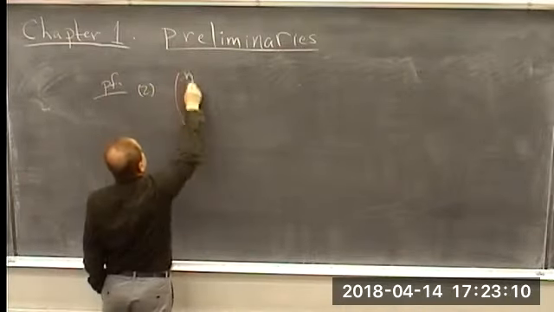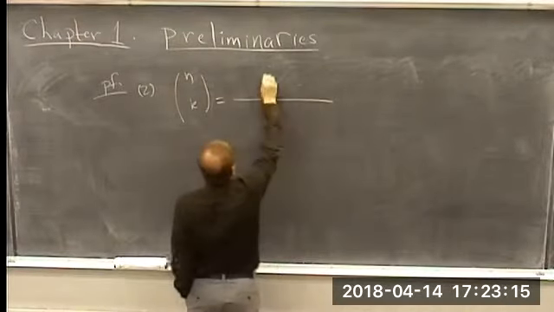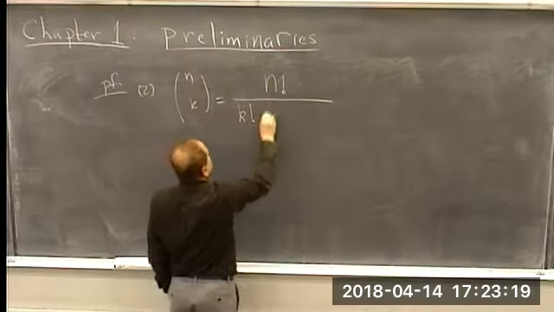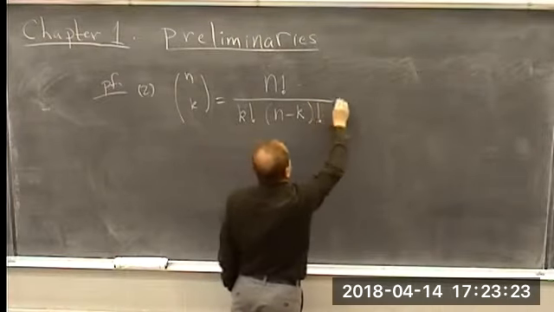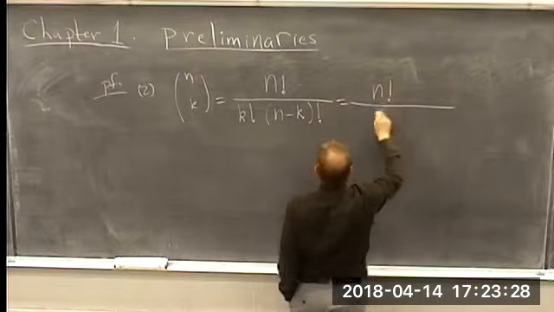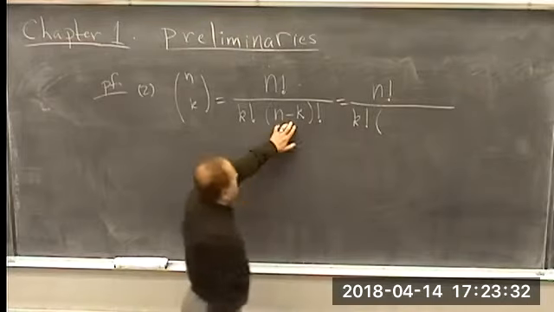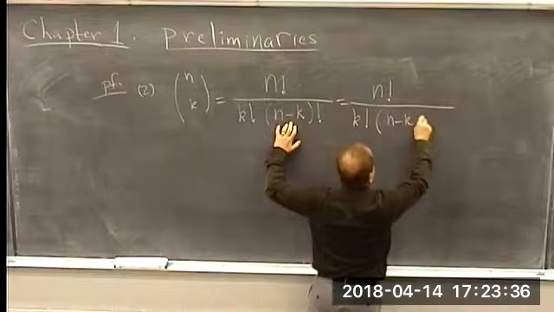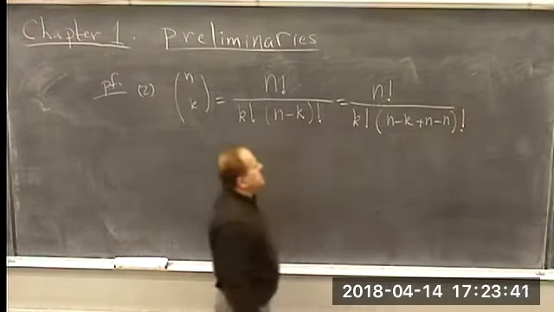So the second is the symmetry. So let's look at n choose k. Well, this is equal by definition, again, n factorial over k factorial, then n minus k factorial. I'm going to add and subtract n from the n minus k. So I'm going to add an n, subtract an n, because nothing changes.